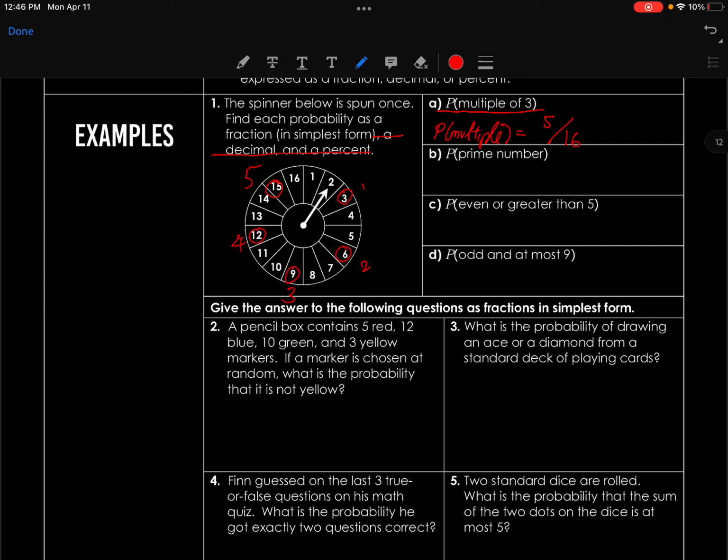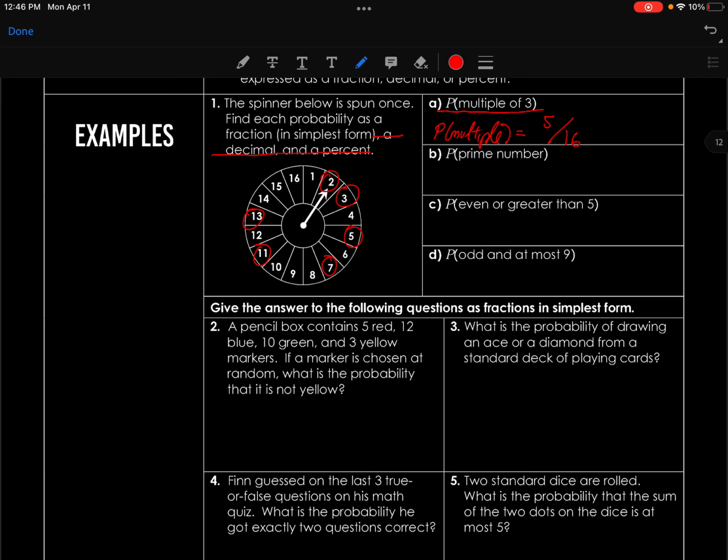So that is the probability. The probability of a prime number, we have to count again. Probability of a prime number is, let's check how many prime numbers there are. I don't think 1 is counted as a prime number. I believe 2, 3, 5, 7, 11, 13 are our prime numbers.